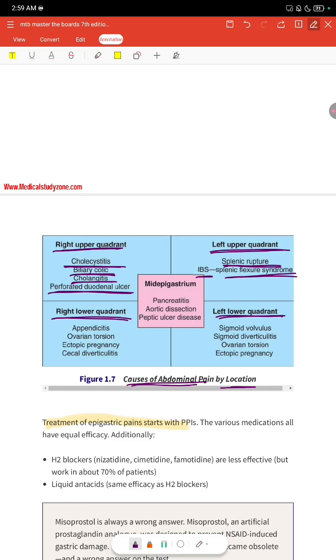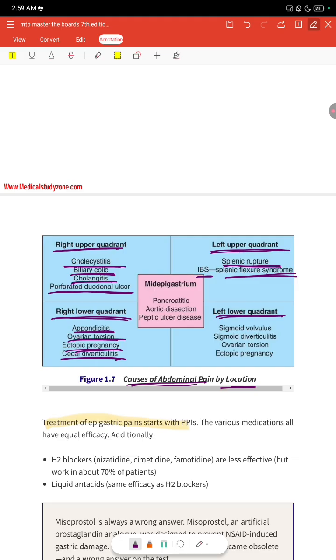If it is in the right lower quadrant, it might be due to, but I would say most commonly be due to appendicitis if the other symptoms are along with it, or ovarian torsion in females, ectopic pregnancy in females, cecal diverticulitis. So all of these can present as right lower quadrant pain. The pain may be different in nature, but all of them present with right lower quadrant pain.